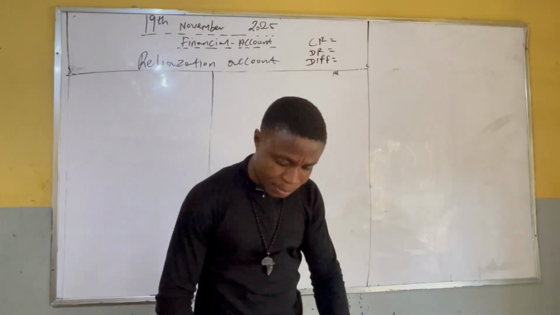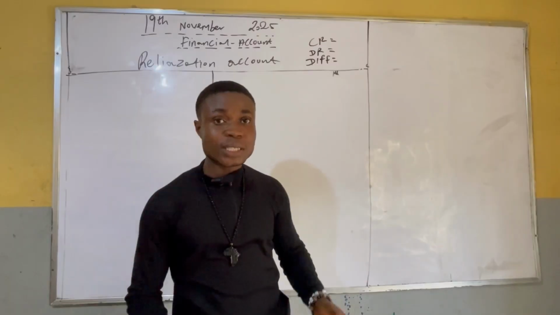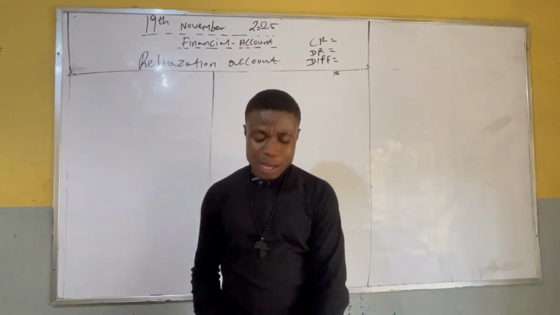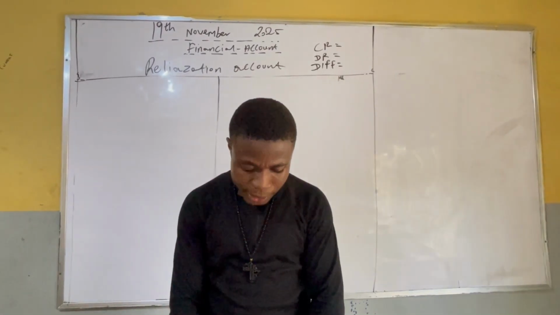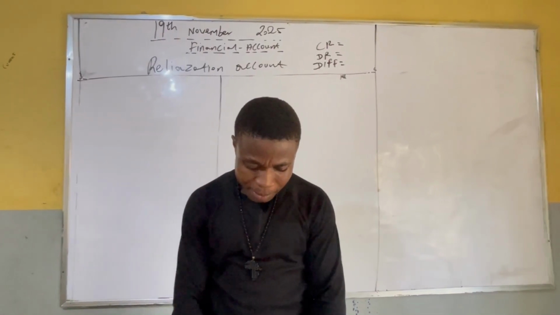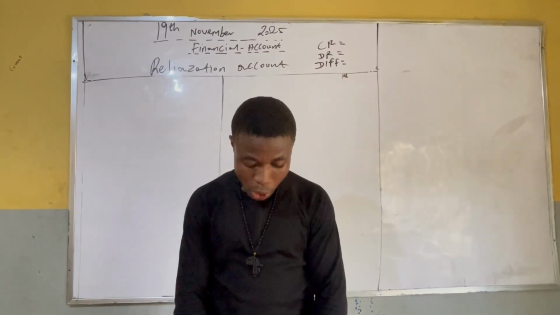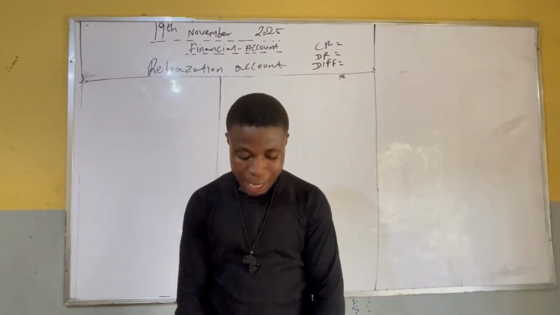Let's look at the balance sheet. What and what is being given? In the balance sheet, we are being given motor car 5,000, building 10,000, investment 25,000, stock 6,000, goodwill 6,000, cash 3,000.